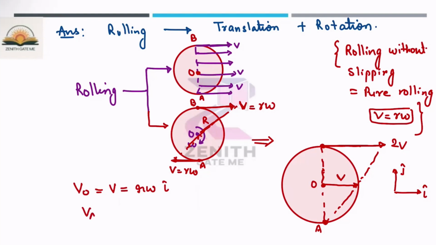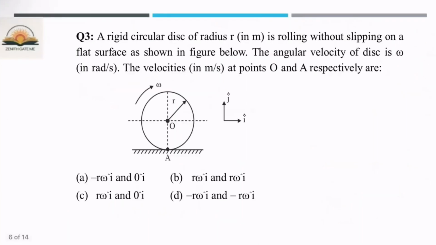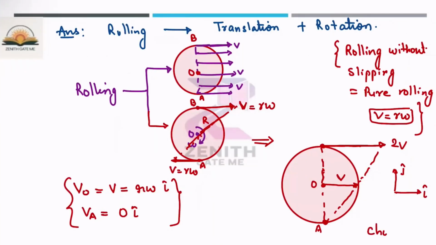Similarly, the velocity at point A will be 0 i cap. Why? Because in translation the velocity vector is forward and in rotation it is acting backward, both having the same magnitude, so they cancel out. That means at the point of contact in pure rolling, the velocity will be 0. So out of these four options, which one will be correct? Option C is the correct answer.